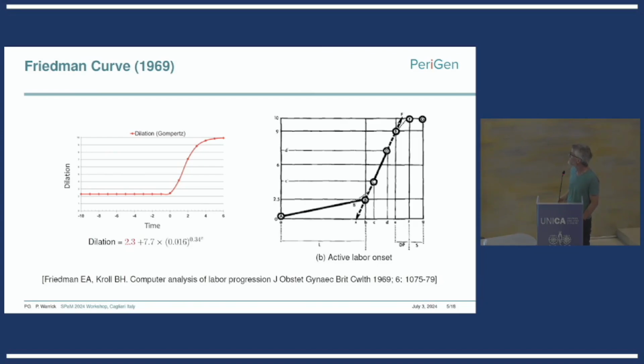And from this, Dr. Friedman generalized to many dilation profiles over time, and for the active phase, he had this calculation of the angles and so forth to arrive at this B point, which he defined as time 0.